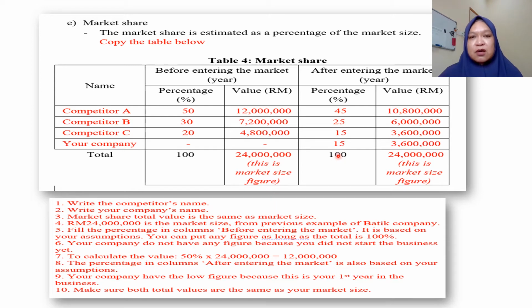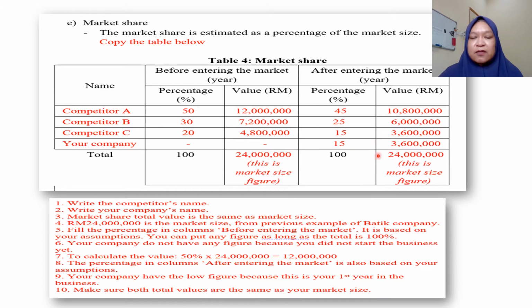You cannot put your company as the top in the market because you only just entered the market. I just want you to have a small amount because this is your first year. It's not logical that you are able to conquer the market in your first month, first year.